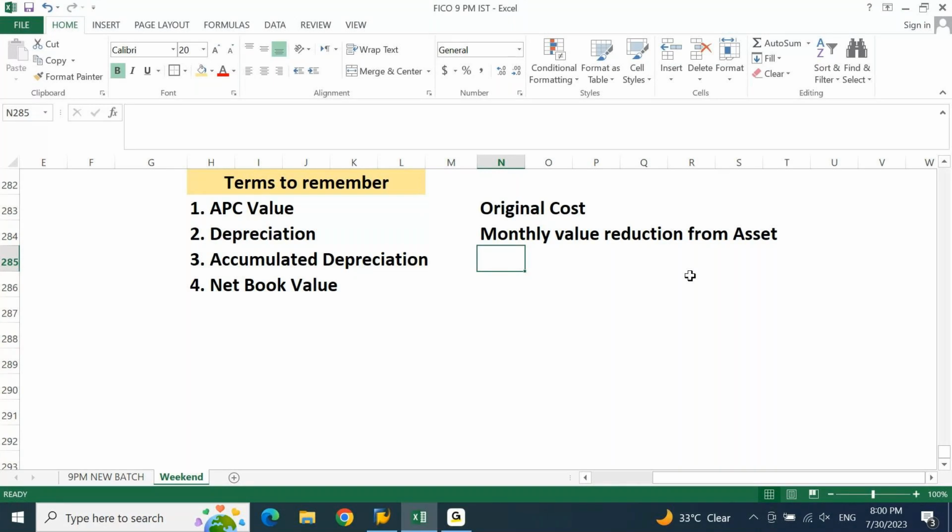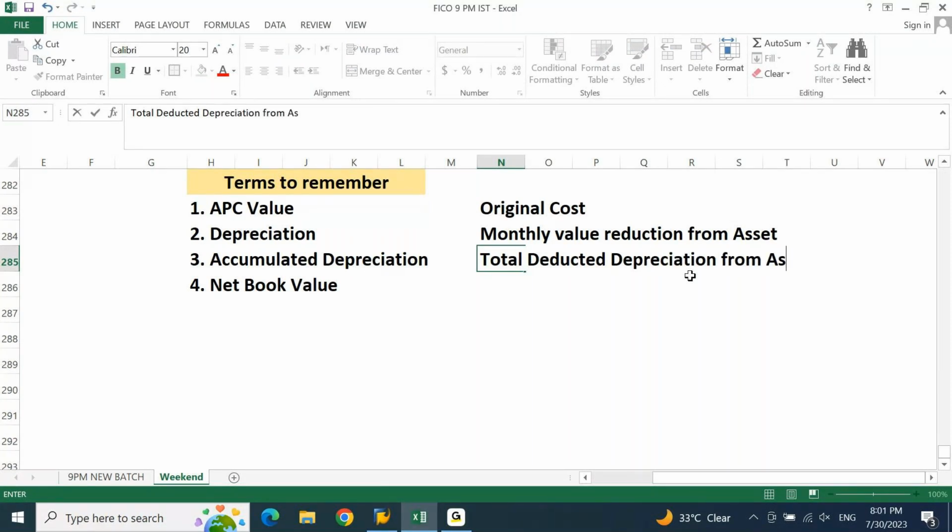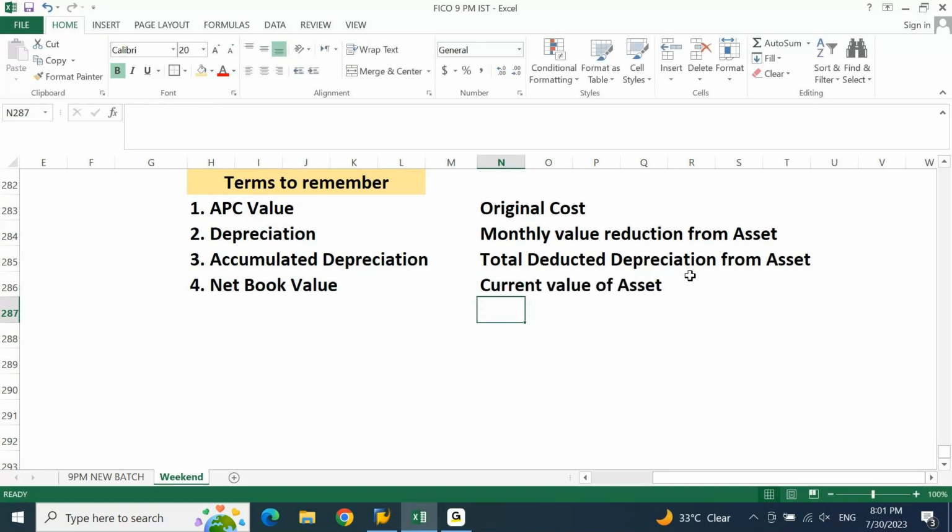Accumulated depreciation is your total deducted depreciation from the asset. Is this correct? If you feel these are a little tricky to understand, let me know so that we will try to write it in a different way. Net book value is the current value of the asset. Are these terms clear?